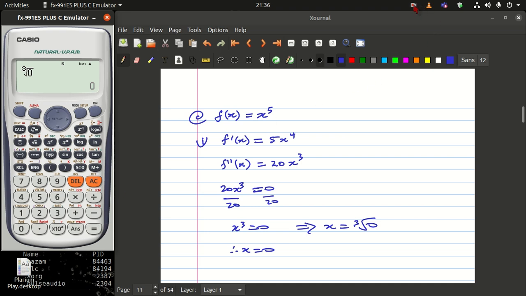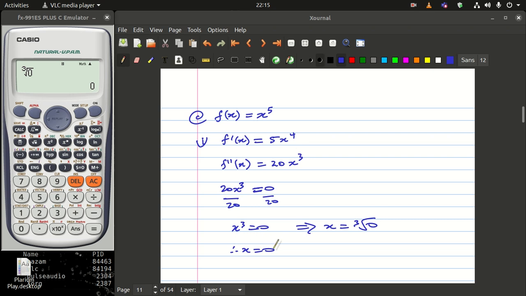So that's what is actually happening. So we are having an x equal to 0 here, which is telling us that this function is going to have the second derivative equal to 0 if x is equal to 0.